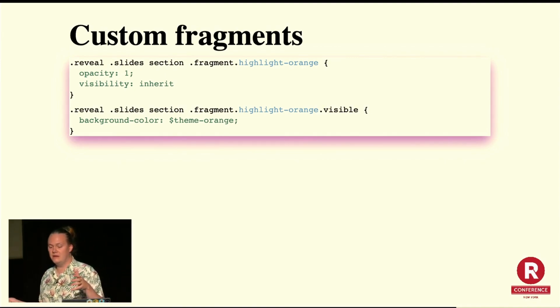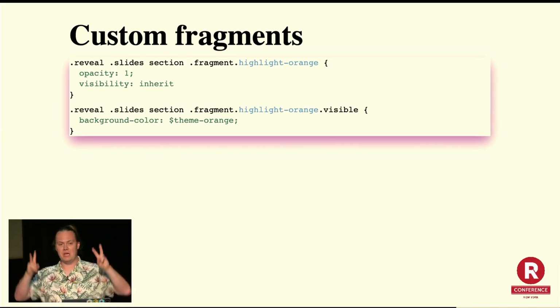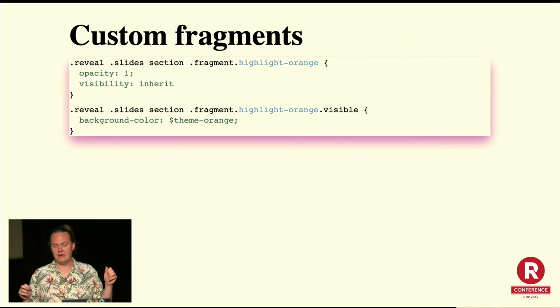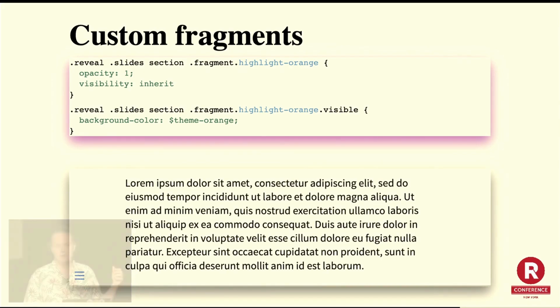So in this specific one, I want it to look normal to begin with, but then when it becomes visible, it needs to have a background color of orange. So this means that when you have a new slide, you're highlighting, which I feel is more highlighting than changing the color. So we're highlighting things. It's a little bit neat.